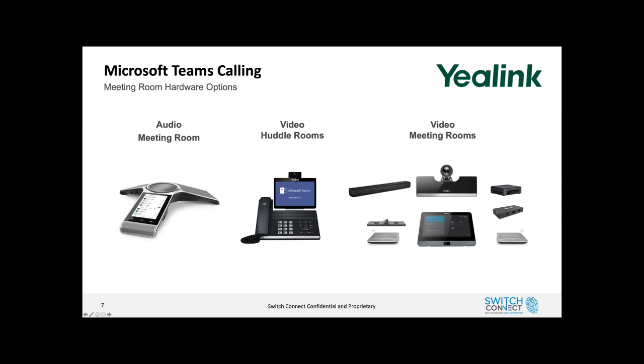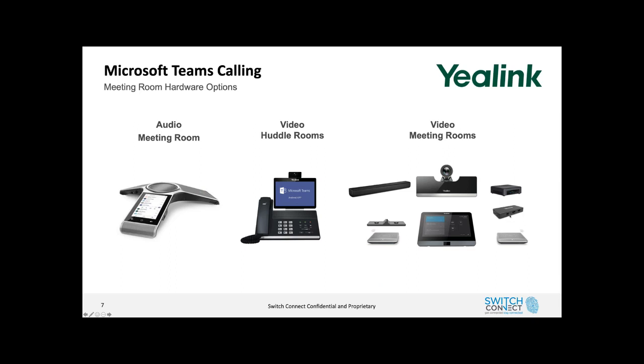And then you can step up to the MVC 500s and 800s, which are your larger boardroom type setups, where you have the camera and speakers mounted down the front. On the table, you've got your lovely touch screen to drive the whole experience. You've got your Yealink connectivity box, so you can plug in any third-party devices to stream into that meeting.